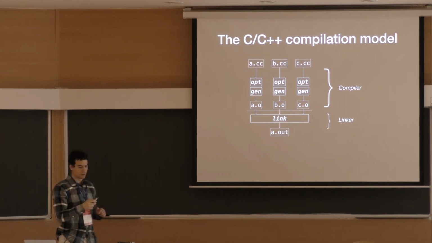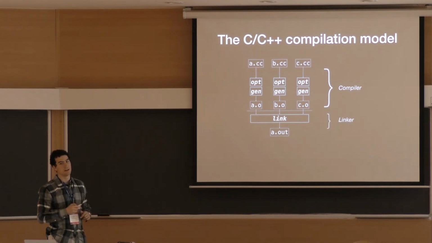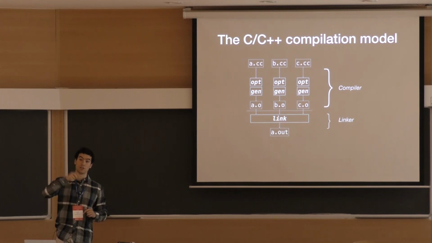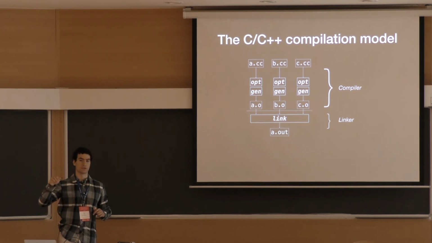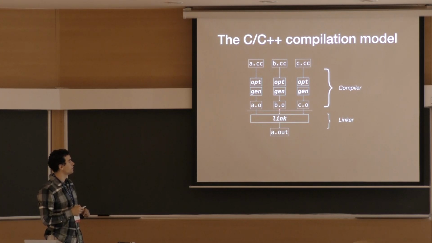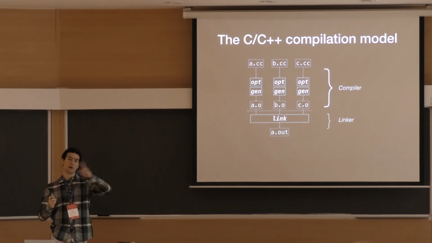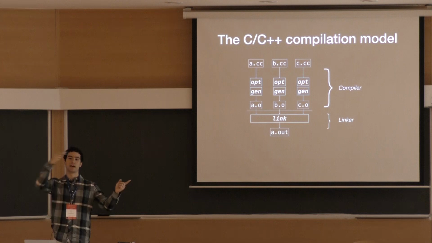OK. So the main idea is that your compiler looks at each of the source code files independently, and then basically generates an object file that contains the machine code function by function. And then what the linker does is that it looks at all the object files, and matches up function calls in one object file with function calls in the other object file.